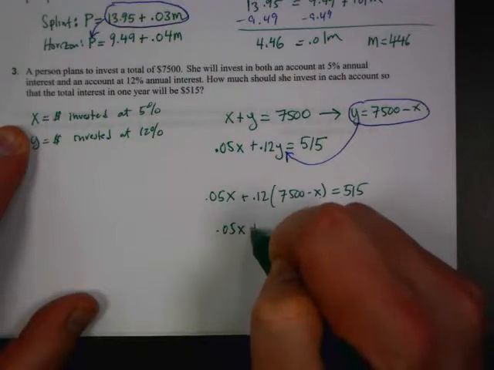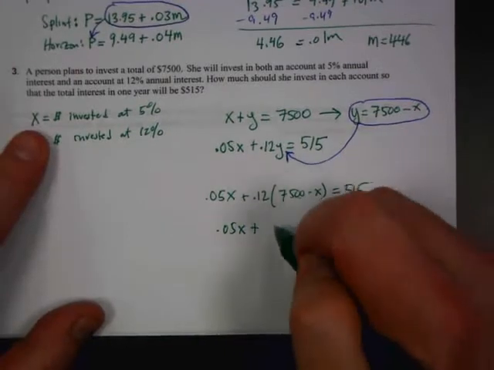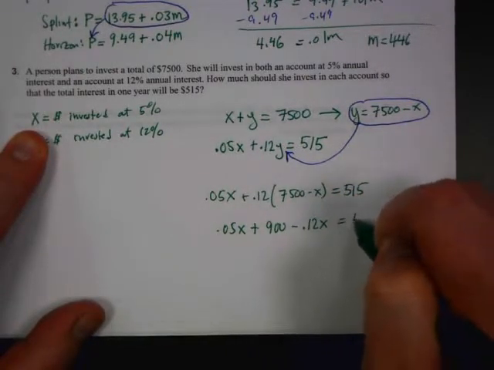0.05x plus, what's 0.12 times 7,500? 900, minus 0.12x is 515.